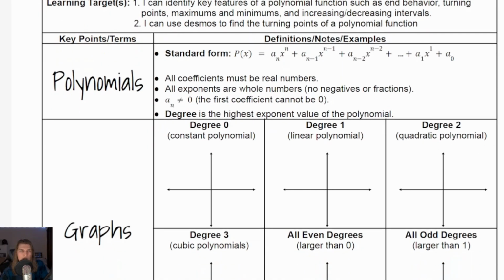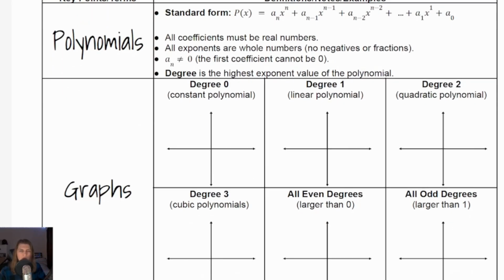I'm going to scroll down a little, and now we're going to look at the base shapes of our polynomials. When I say the base shapes, this means that it is just that degree and there are no other terms. So for a degree of 0, which would look something like f of x equals any number, so if we picked something like 5, then our graph is just going to be a horizontal line.